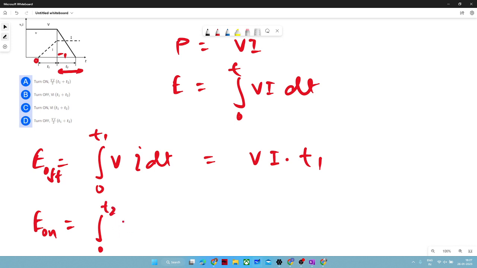This time voltage is varying with time. So we integrate E into I dt, right?